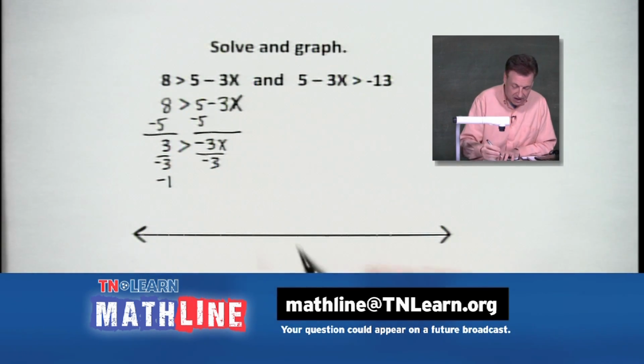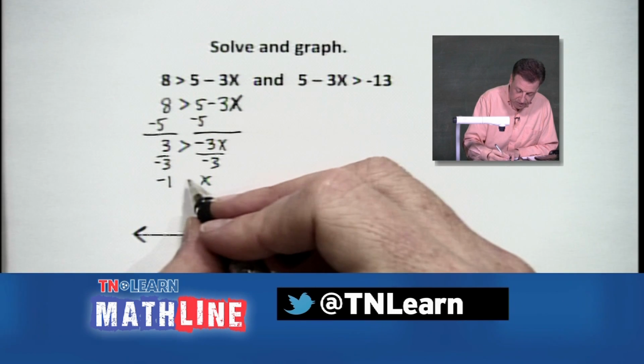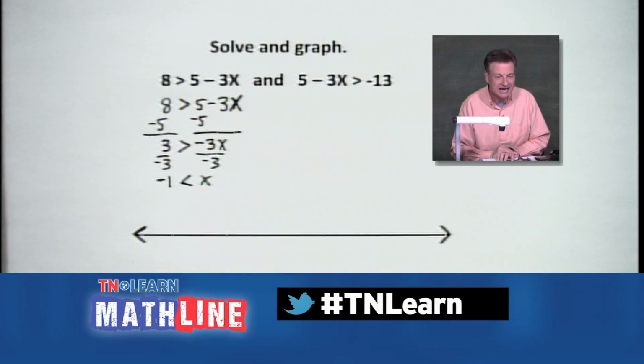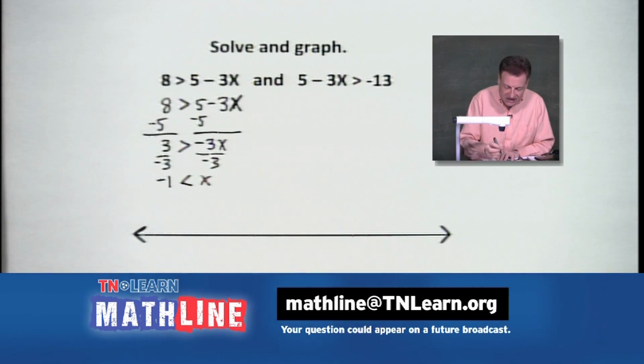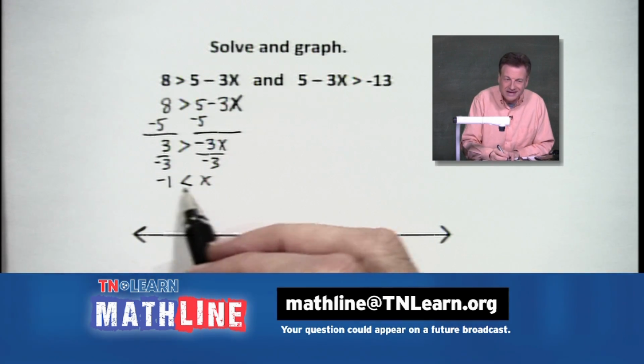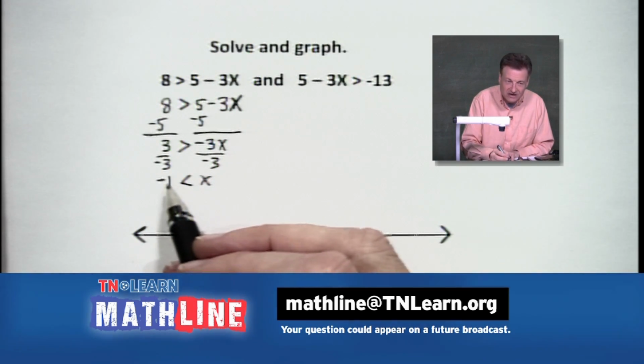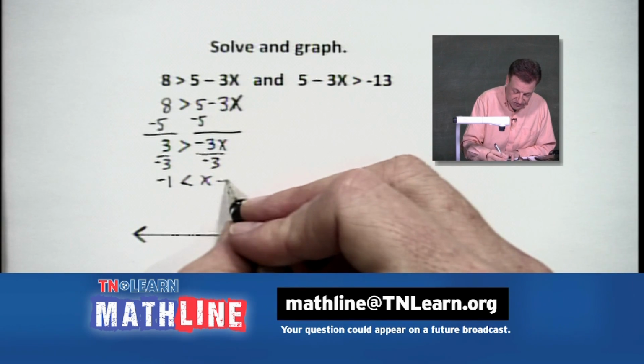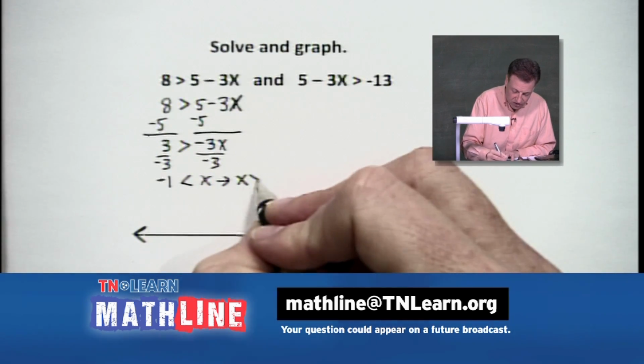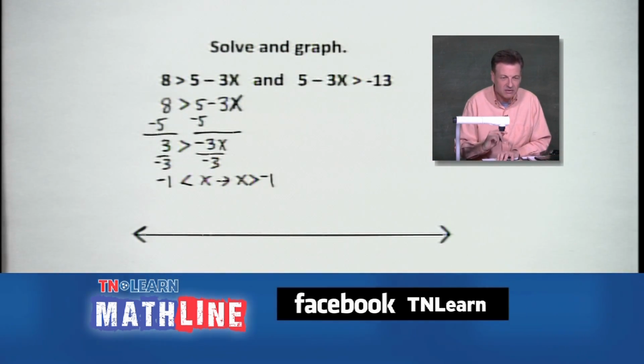Everybody good on that? And it's going to give us x on the right. But all of a sudden now it has become less than. Now that's not x less than negative 1. That's negative 1 less than x, which translates to x greater than negative 1. So we've got to remember that, okay?